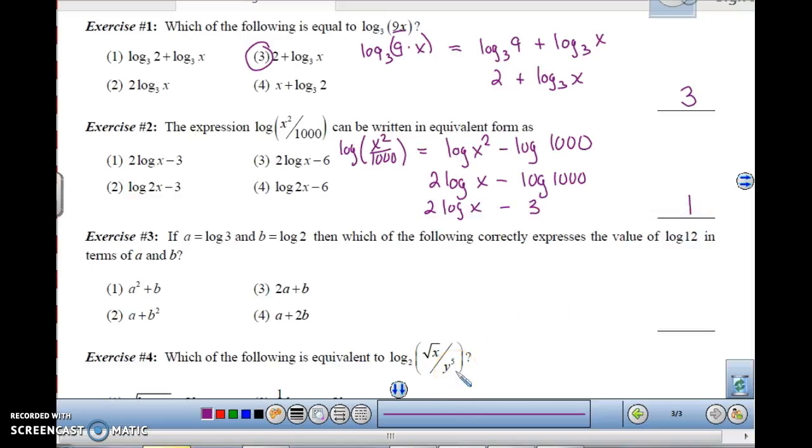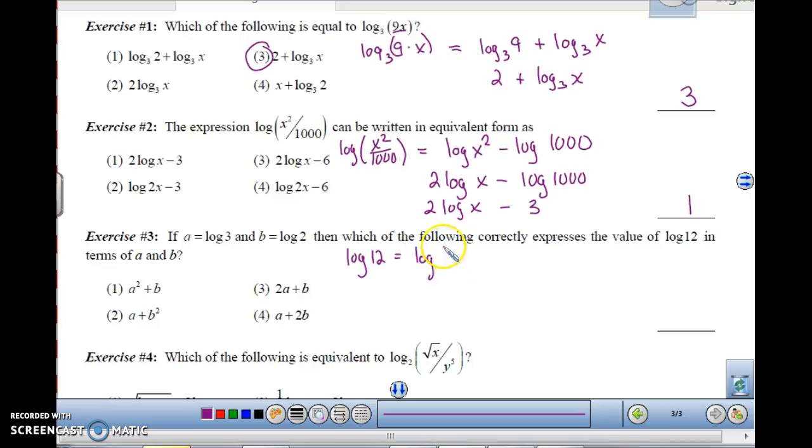Okay, now let's try something a little bit different. If a is equal to log of 3 and b is equal to log of 2, then which of the following correctly expresses the value of log 12 in terms of a and b? All right, so what we want to do is we want to be able to write log 12 using 3 and 2. All right, so we know log of 12 is equal to, we could rewrite it as a product.